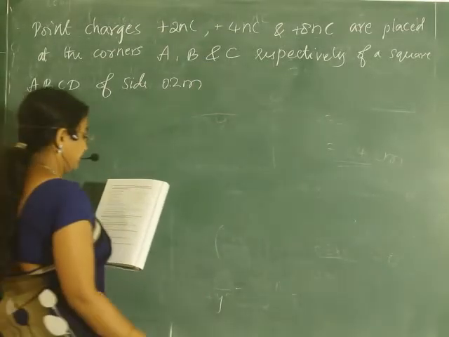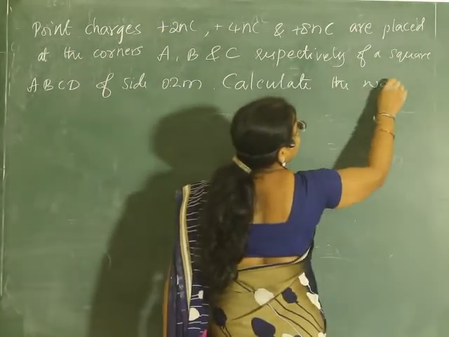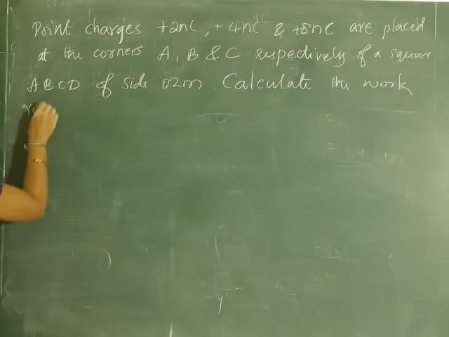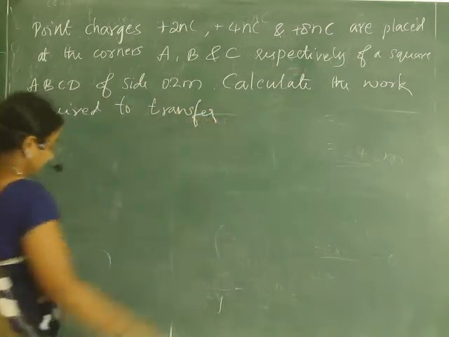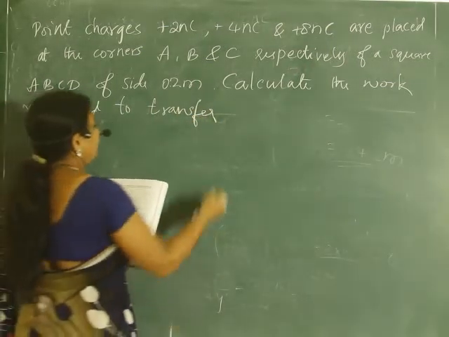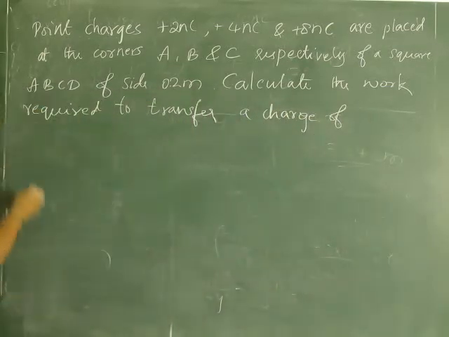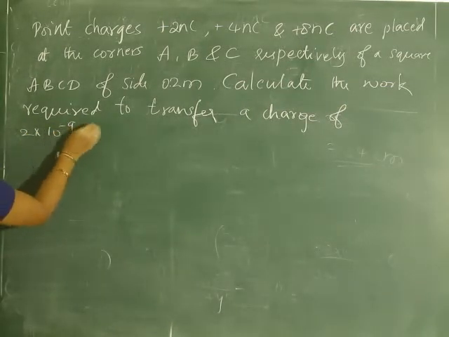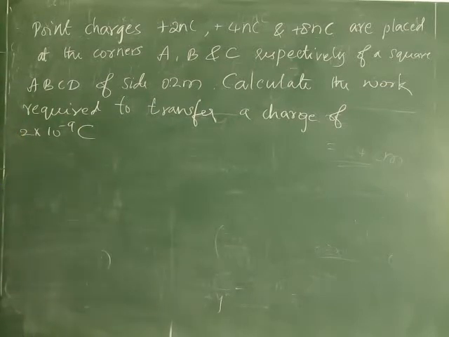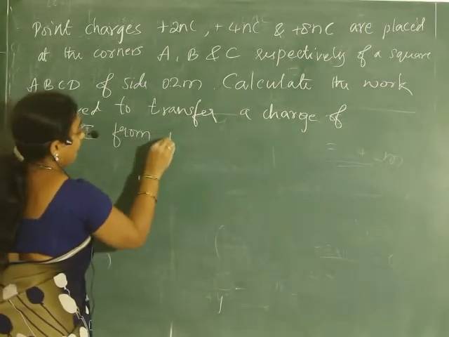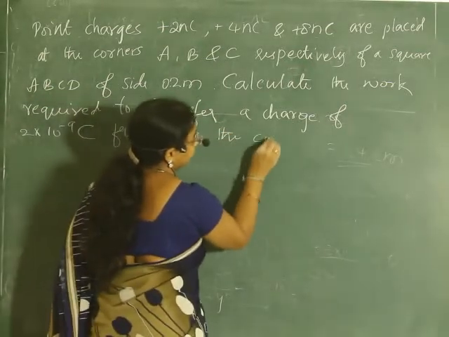Calculate the work required to transfer a charge of 2 into 10 to the power minus 9 coulomb from D to the center of the square.